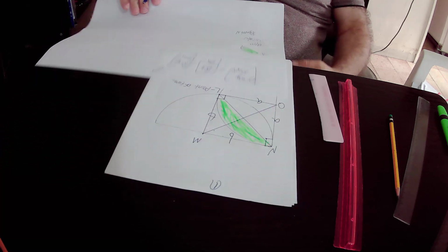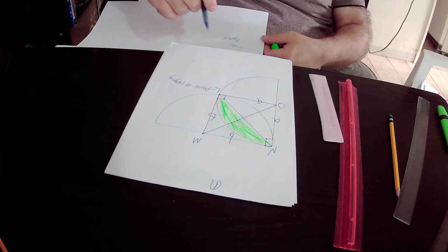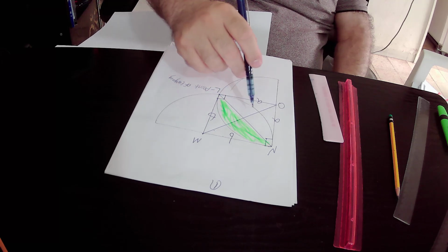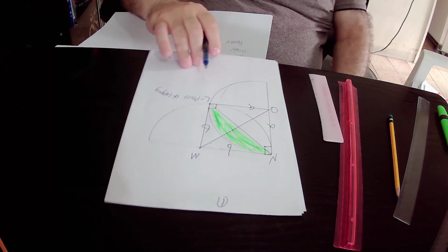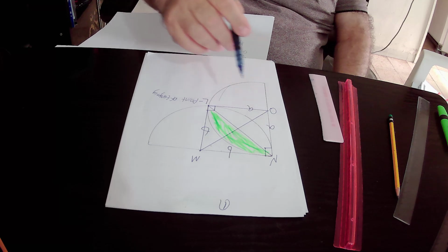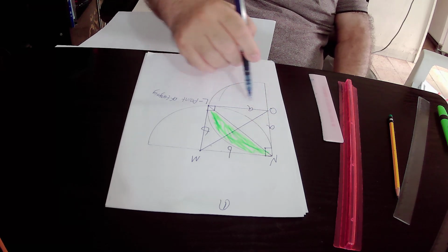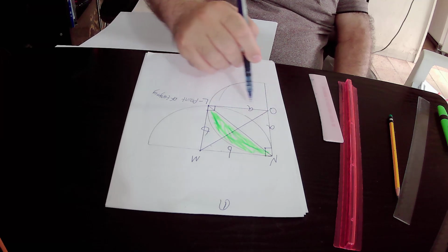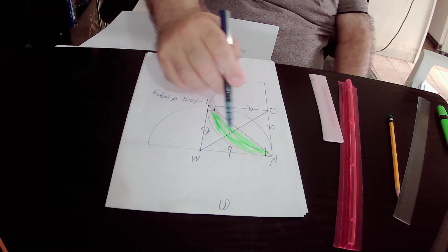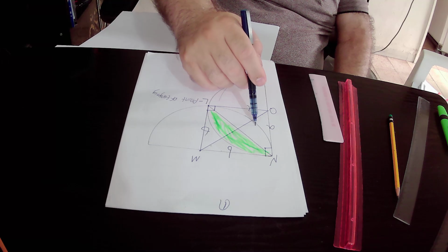So what is the area of the upper circular segment of this lens? It is very easy to see from the drawing that it is equal to the area of sector NOL minus the area of triangle NOL.